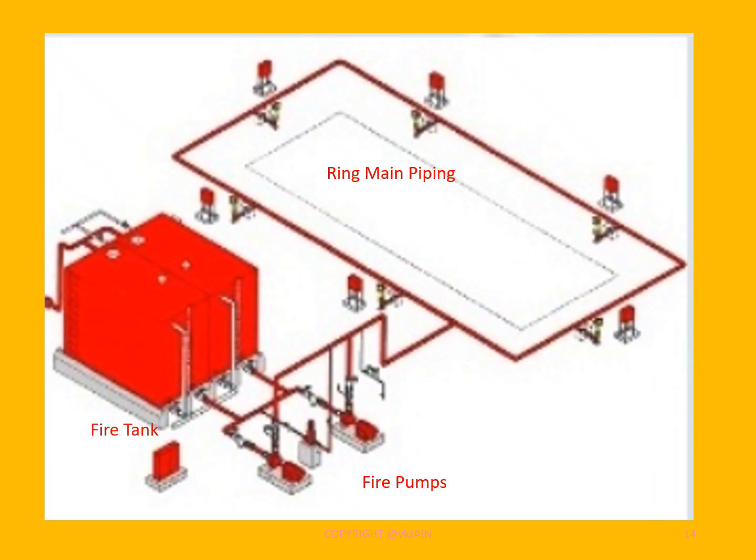This particular diagram shows the main components of a ringman yard hydrant piping system, in which there is a fire tank, and from the fire tank through the pump the ringman is fed.